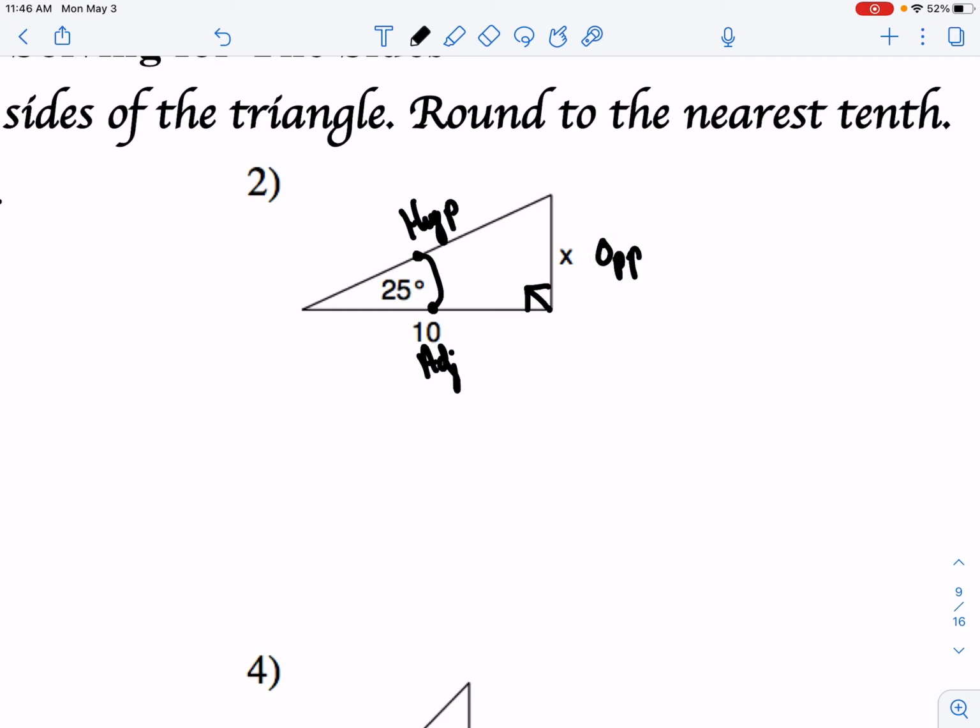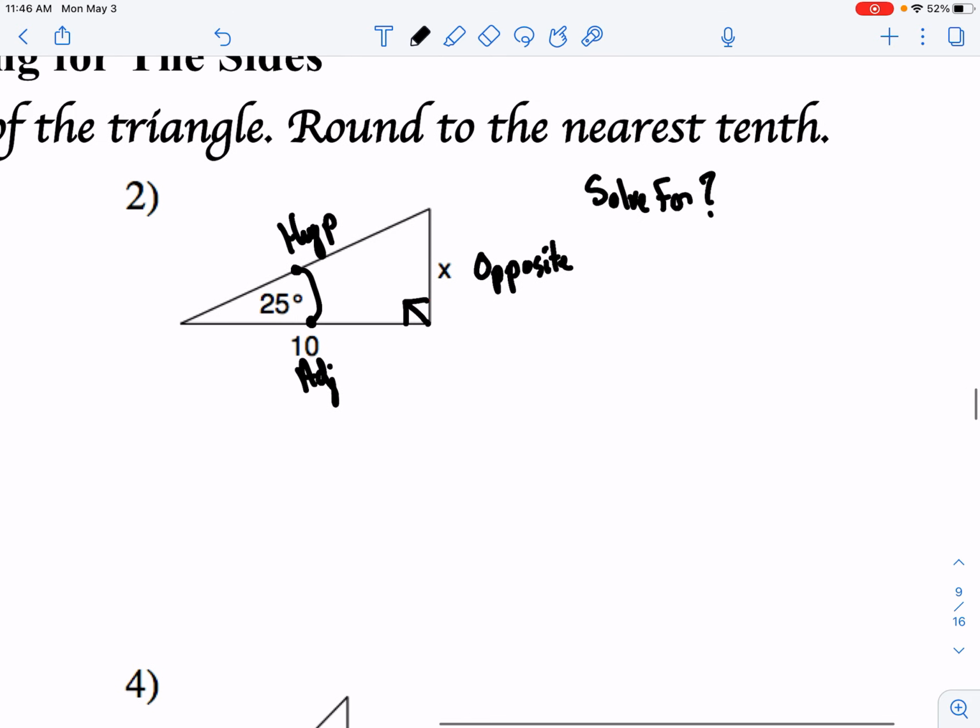The remaining side is forced to be opposite. What am I solving for? Find your variable. 10 is a number, it's a known value. 25 is a number, it's a known value. Don't have anything for my hypotenuse, and I look over here at opposite, it's x. So again, I'm solving for my opposite side.